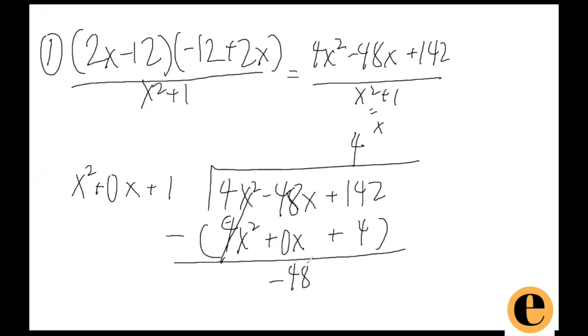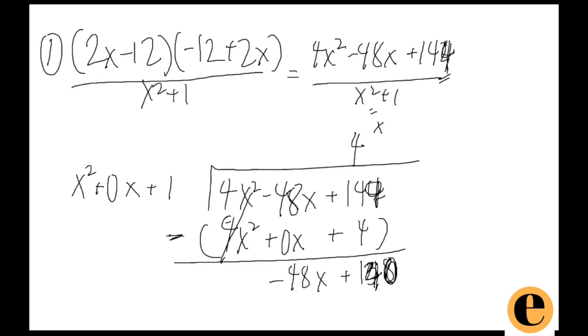Here you will have negative 48x, and then ito, minus 4. So that's plus, positive pa rin, 138. So this is your remainder. Oo nga, 144. Okay. 144. Minus 4, so that's 140. Okay, correction, this is 144. So 144 minus 4, that's 140.